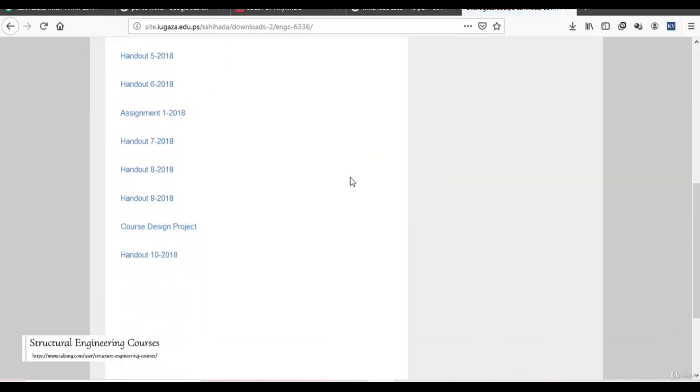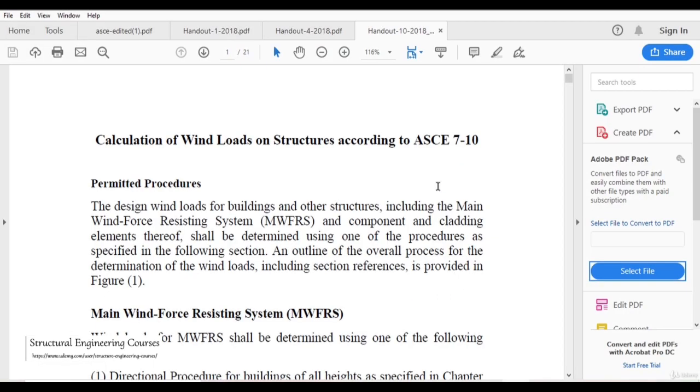Here I want you to download handout number 10 that was released in the year 2018. Handout 10 deals with a detailed explanation of how you can calculate and analyze the wind loads. If we open this handout number 10, 2018, the title is Calculation of Wind Loads on Structure according to ASCE 07-10.